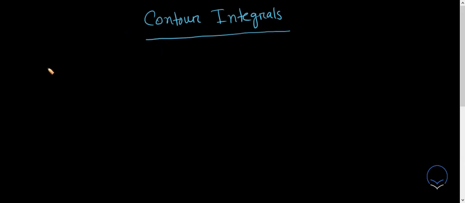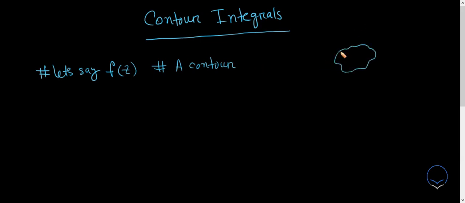So let's say you have a function of a complex variable, f of z, and then you also have a contour on the complex plane. Let's say this is my contour.